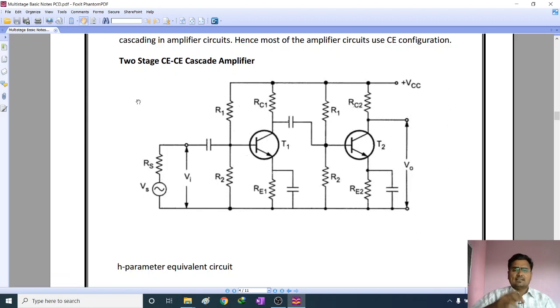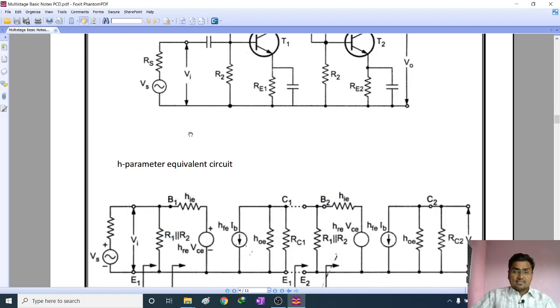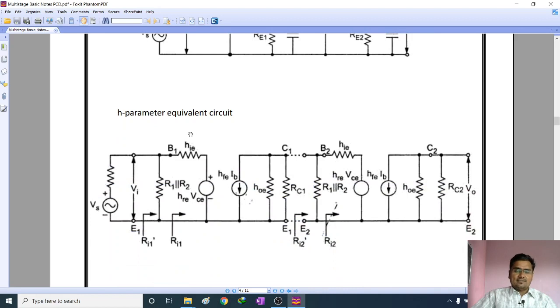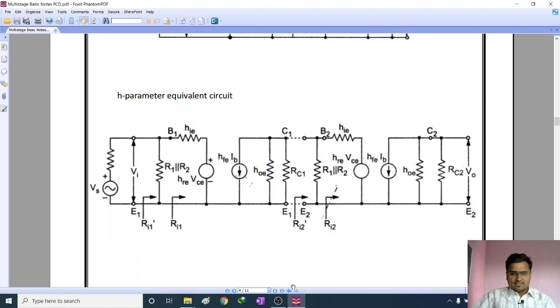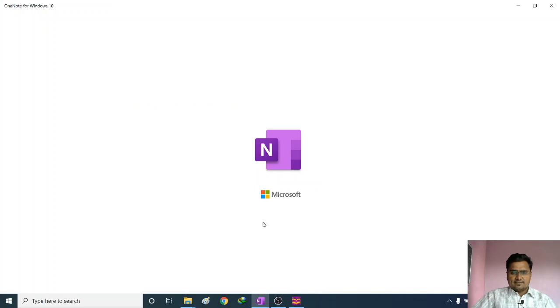I'm not going to consider direct coupled or transformer coupled. I will start analysis of this CE amplifier, two-stage RC coupled amplifier, and I need to start with the hybrid equivalent circuit. So let me check whether we have that.